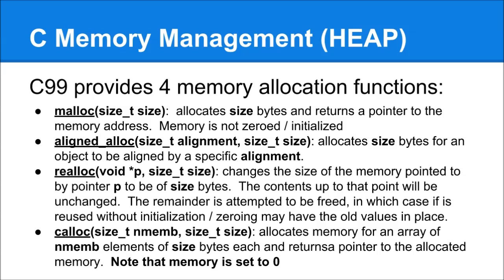The remainder, if you're cutting out some size, will be attempted to be freed, in which case, if you reuse it without initializing or zeroing it, it will still have the old value in there. calloc allocates a number of elements of a given size and returns a pointer to the allocated memory. That memory is set to 0, so that is one that actually does zero out a segment of memory.